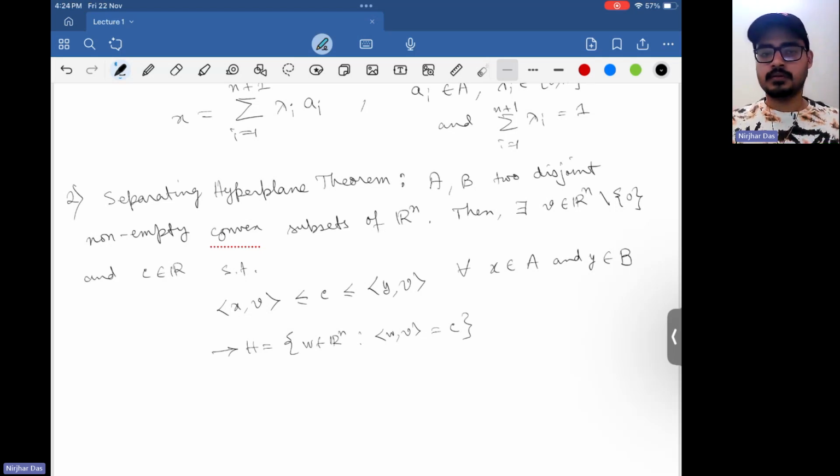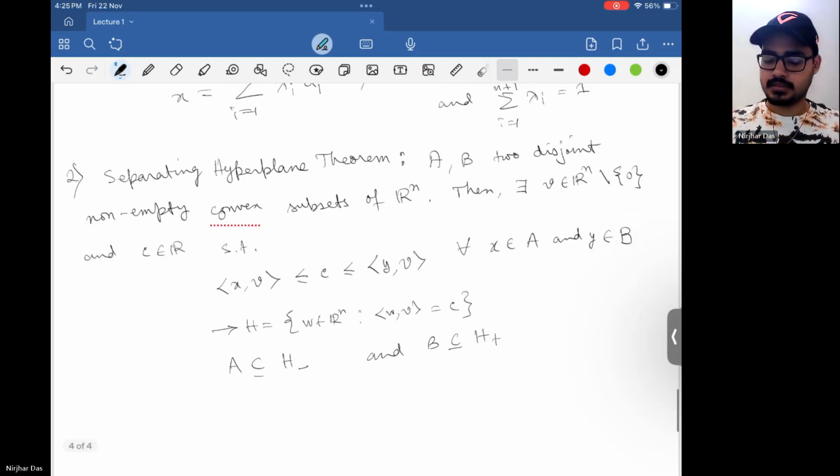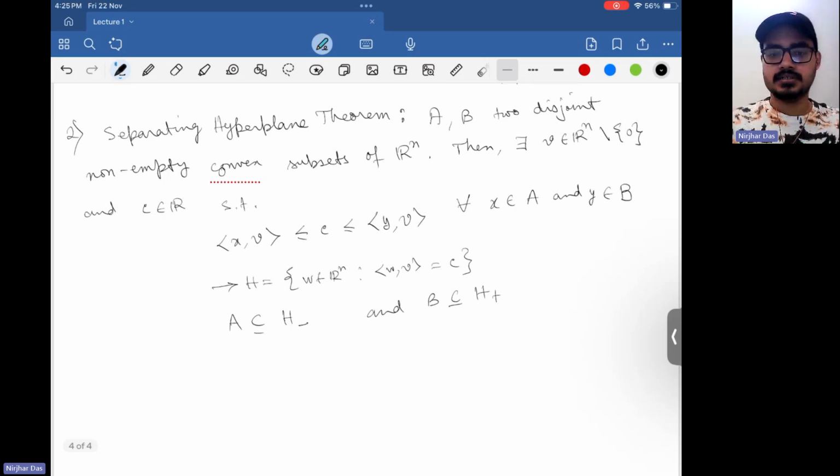This hyperplane will actually separate the two convex bodies. You can see that x inner product v less than or equal to c basically means that A lies in the half space H minus and B lies in the half space H plus. So in that sense, this hyperplane H separates the two convex bodies, and hence this characterizes how convex bodies actually look in some sense.